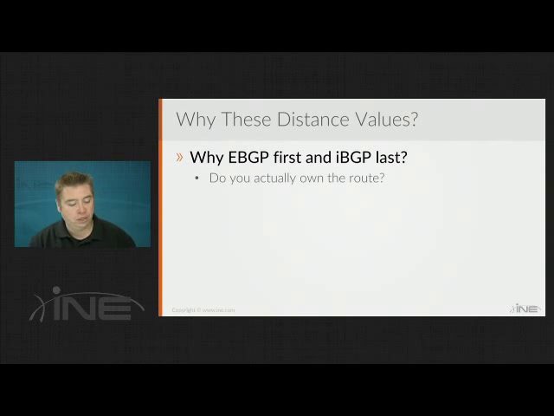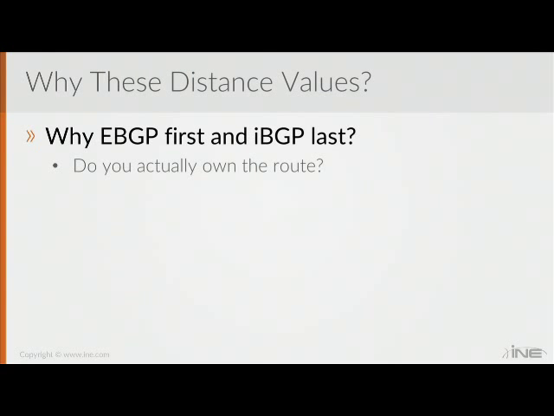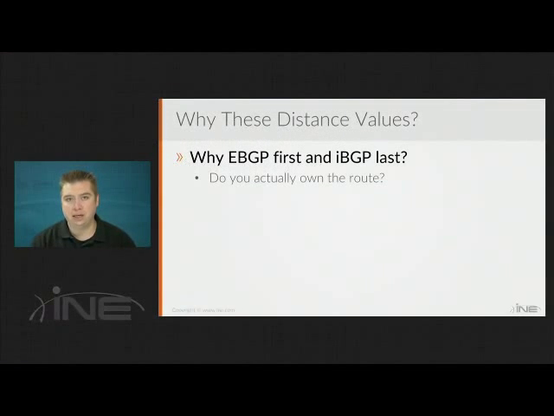Now, as we can see here from the distance table, BGP is more preferred in this case, the external BGP with a distance of 20 versus any of the IGPs, and also versus internal BGP. And the reason simply is that if you are learning the route from eBGP, it means it's not your destination.